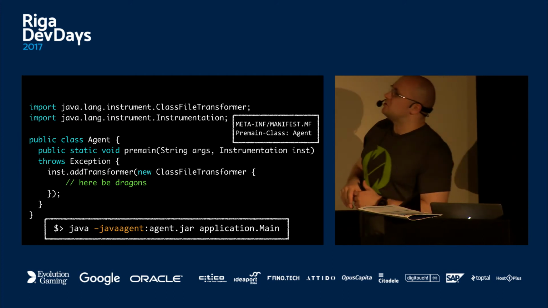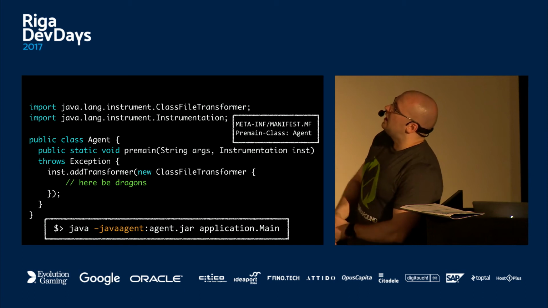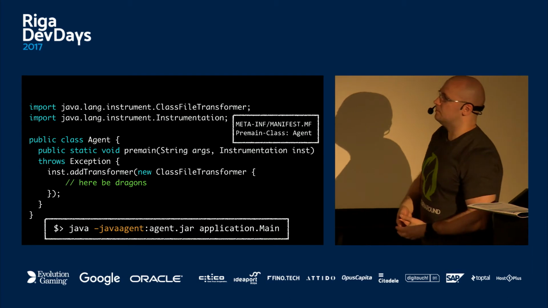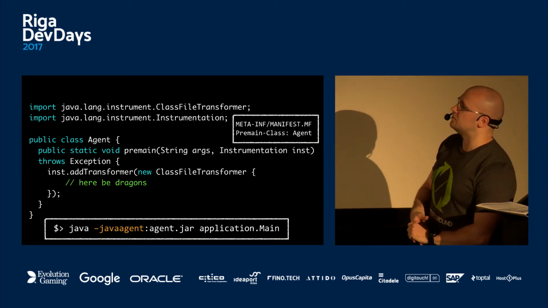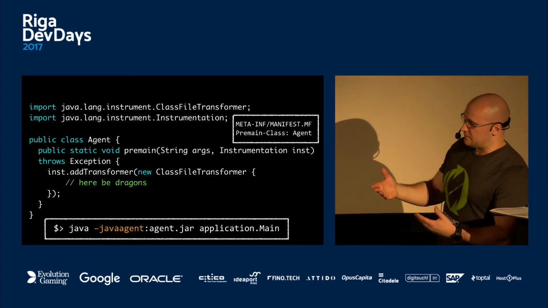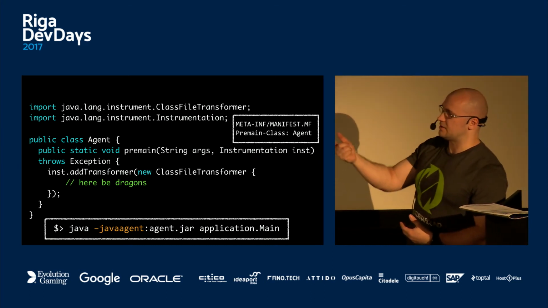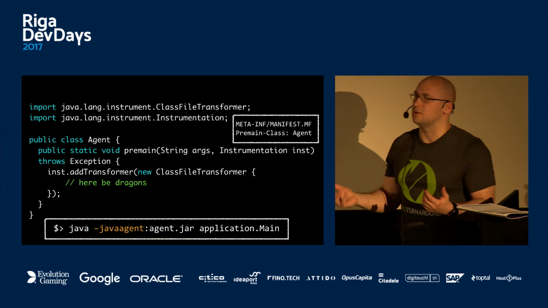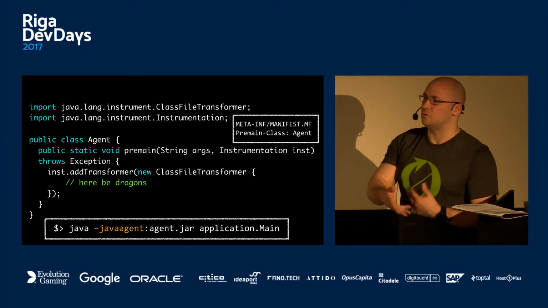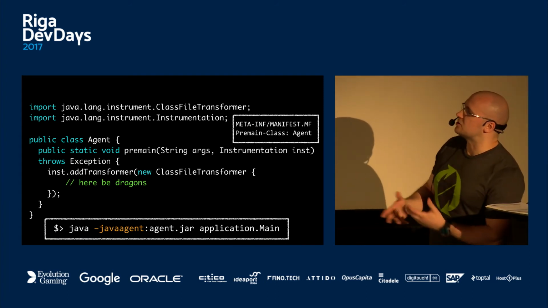Inside that agent, you are provided with the Instrumentation instance, which is provided by the JVM itself. This is your hook into the class loading phase. There you receive all the bytes that you want to transform during load time. When I implement this ClassFileTransformer, I have to implement just one method that takes in the bytes, and then you can use any of the libraries for bytecode instrumentation to add new methods, change the signatures, or whatever transformations I want to do.